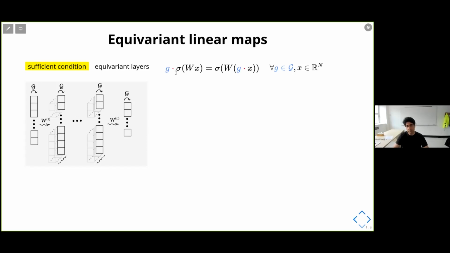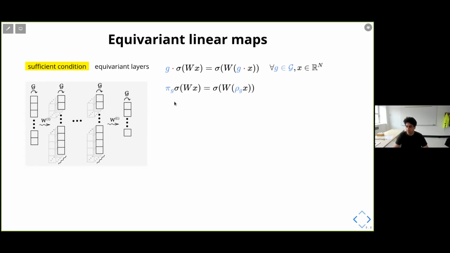We have the group acting on one feed-forward layer, where we have a weight matrix multiplied by the input of the layer, and we have the nonlinearity. And we want this to be the same as when we transform the input. Because we are looking at permutation groups, I can replace these two actions by permutation matrices.